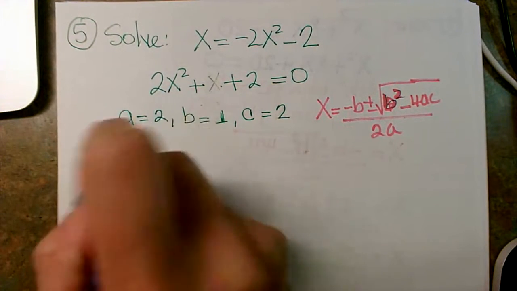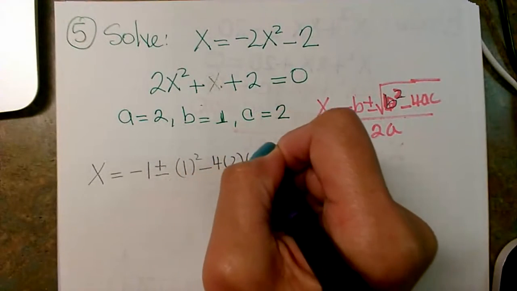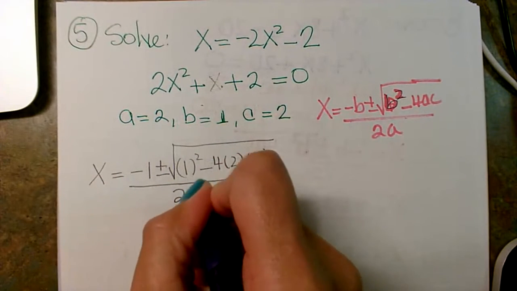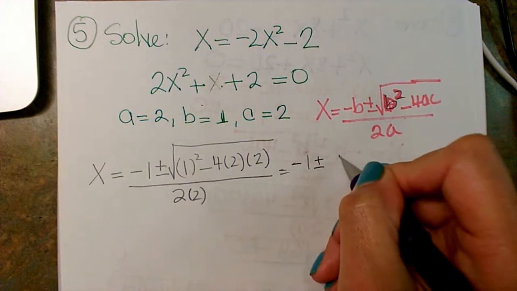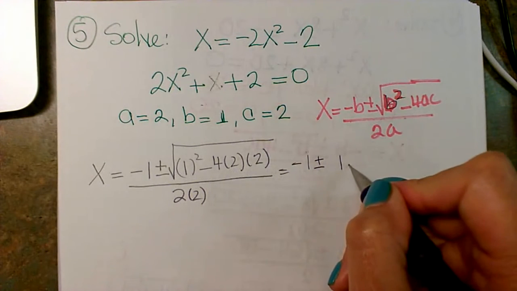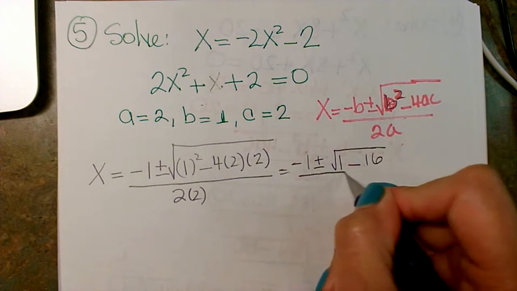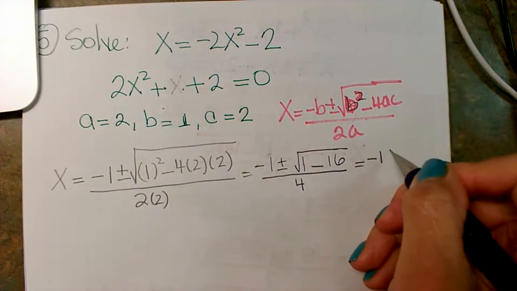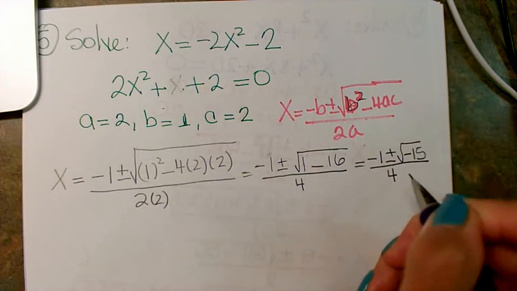Minus 1 plus or minus 1 squared 4ac. That's the square root of that over 2a. So this is equal to what? Plus or minus 1. 4 times 2 is 8. 8 times 2, 16. Right? So what do I get here? Negative 1 plus or minus negative 15 over 4.